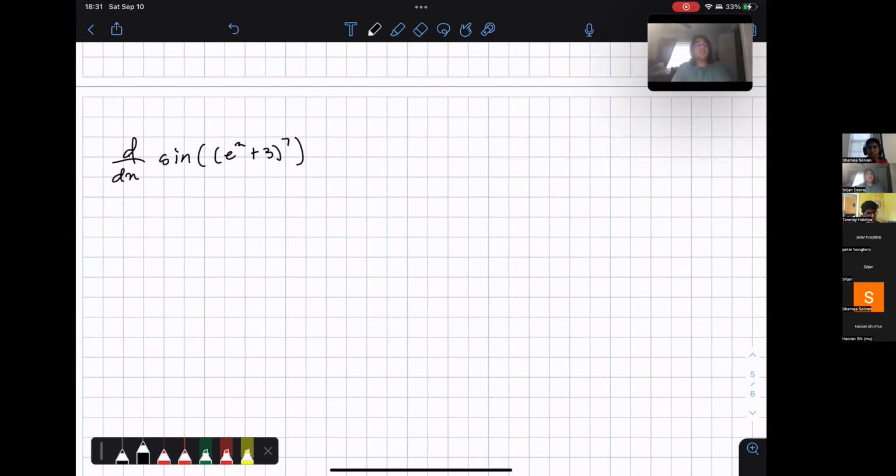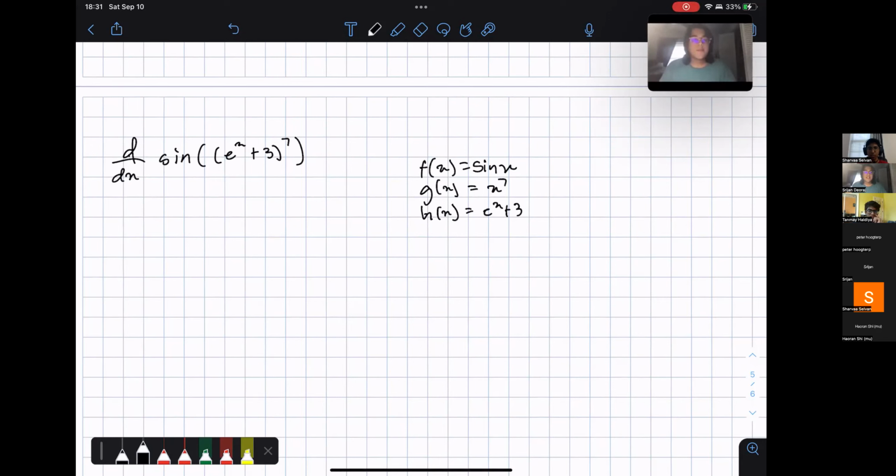So when you have something like this, this is like 3 functions inside of each other. So if we were to do our f of x, g of x thing, we have that f of x is equal to sine of x, g of x is equal to x to the 7th, and h of x is equal to e to the x plus 3.